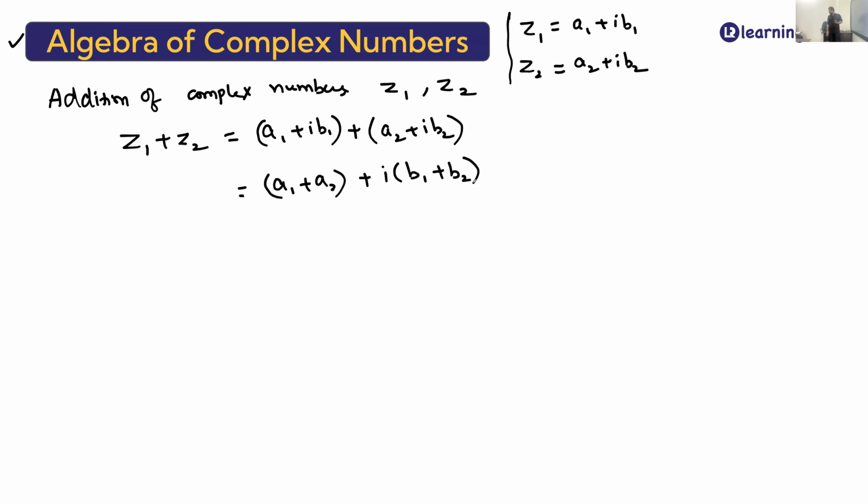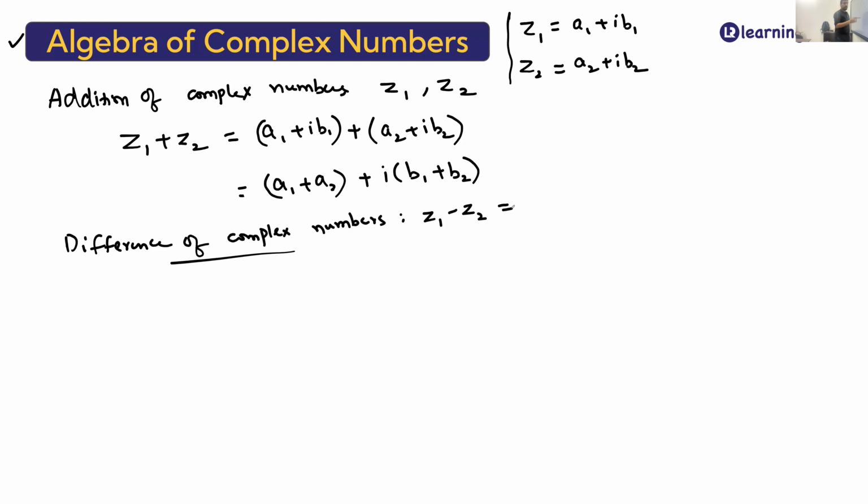So same is going to be the case for difference of complex numbers. So basically what will happen when I do Z1 minus Z2, it is going to be A1 plus i times B1 minus A2 plus i times B2.